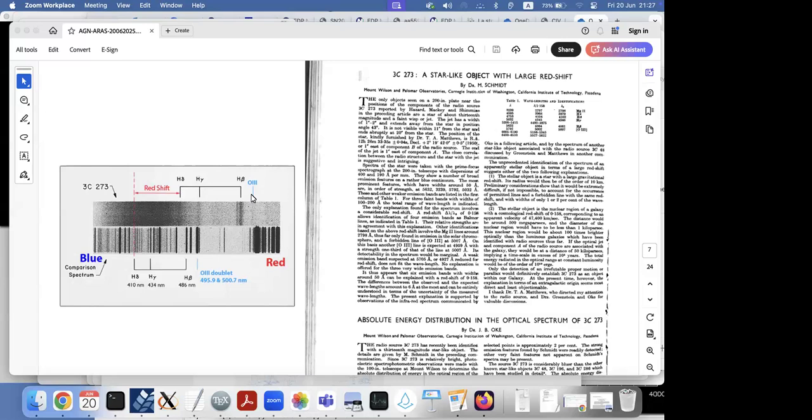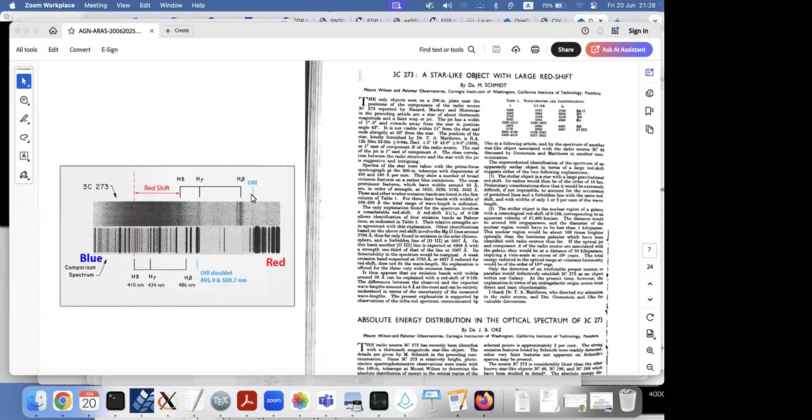And the O3, that is the emission line of O3, okay? The forbidden nebular line is shifted along with the Balmer series, okay? This indicated a redshift of order 1/10. This had never even been dreamed of.